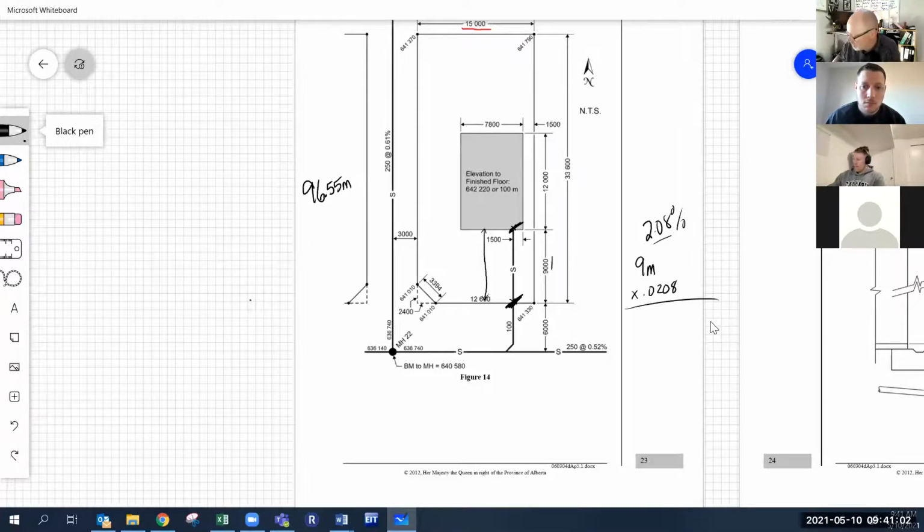0.0208. Times 9. So I have a drop of 0.1872 meters. Now I will minus that off of my already known invert elevation of my building drain under the footing.